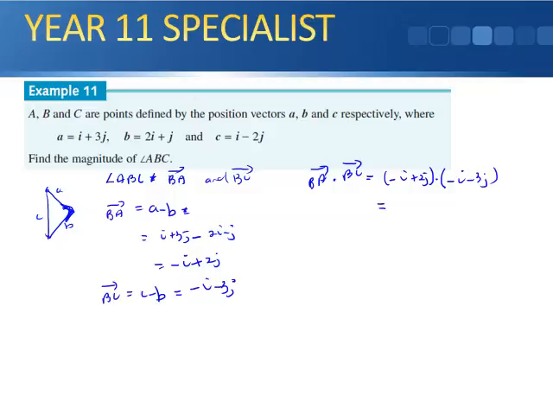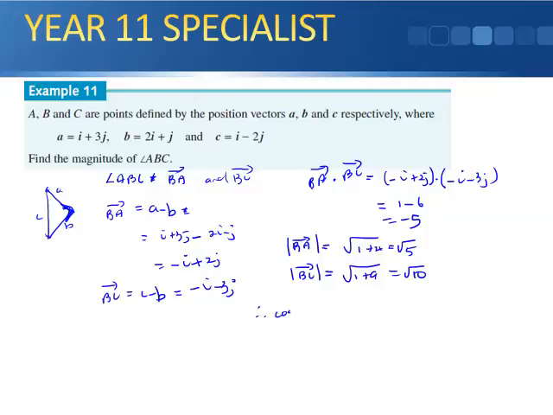When I work that out, I get 1 minus 6, which means I've got negative 5. I need the magnitudes. The magnitude of BA will equal the square root of 1 plus 4, which is the square root of 5. And the magnitude of BC is the square root of 1 plus 9, which is the square root of 10.